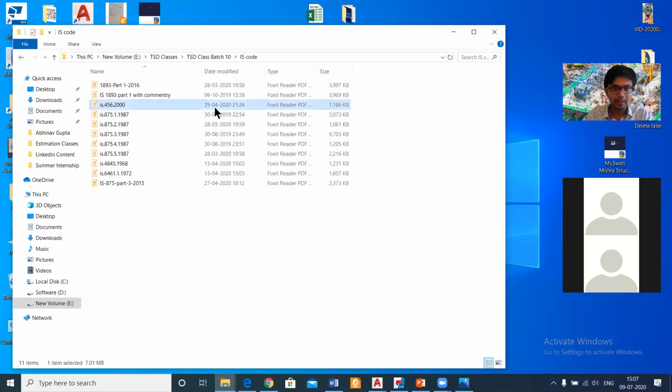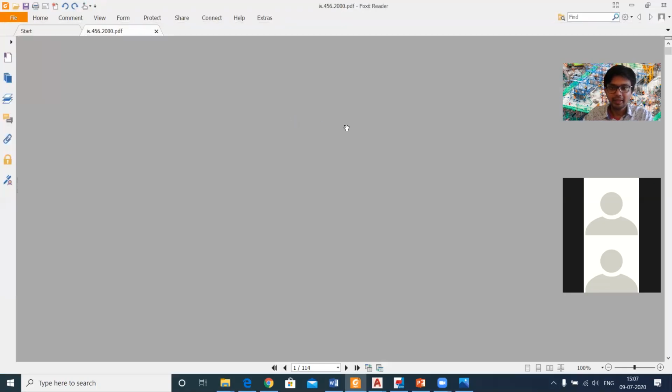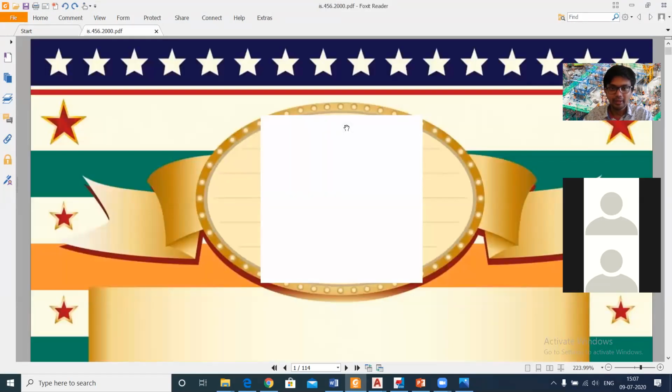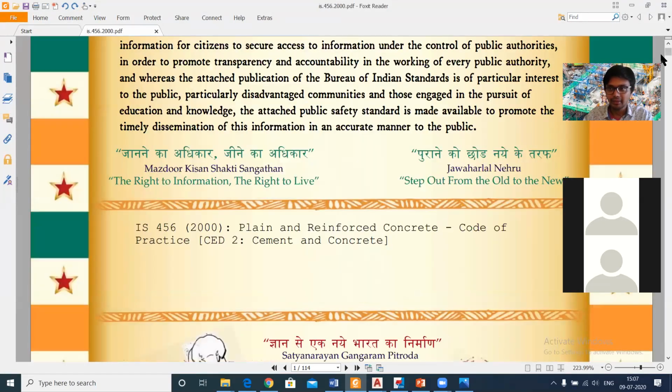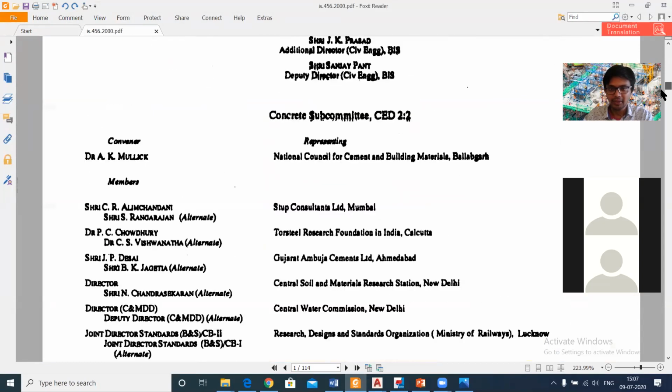Let us open IS 456:2000. Those of you who are in second year, IS 456:2000 is the Indian code for reinforced cement concrete. Here you will find all the specifications related to design and execution of RCC structures.